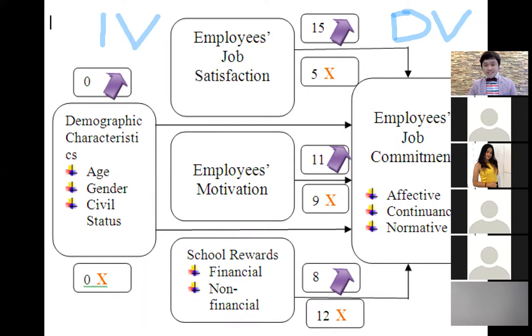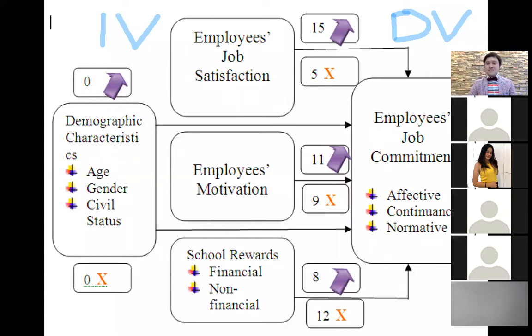Lahat na ng websites pinuntahan mo na, kahit yung mga hindi dapat puntahan na sites, pati prohibited sites, wala ka pa rin makitang literature. And that's what you call blank spot.